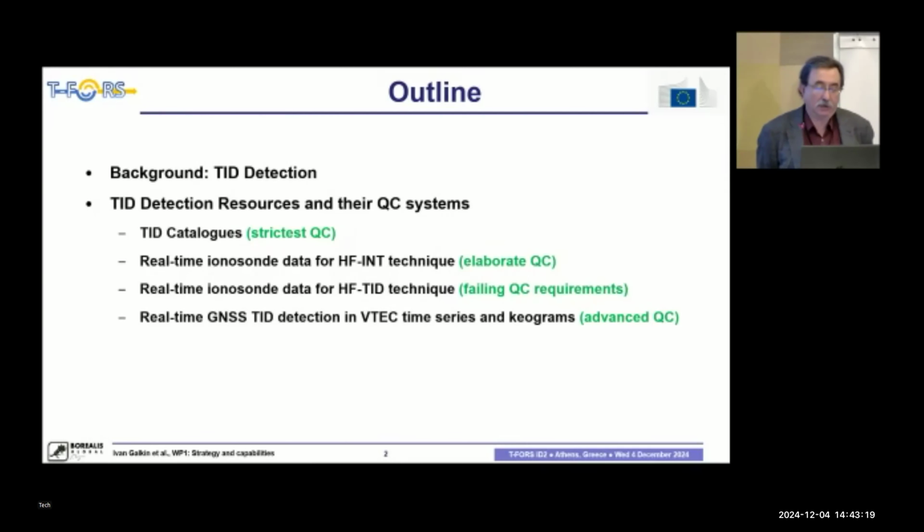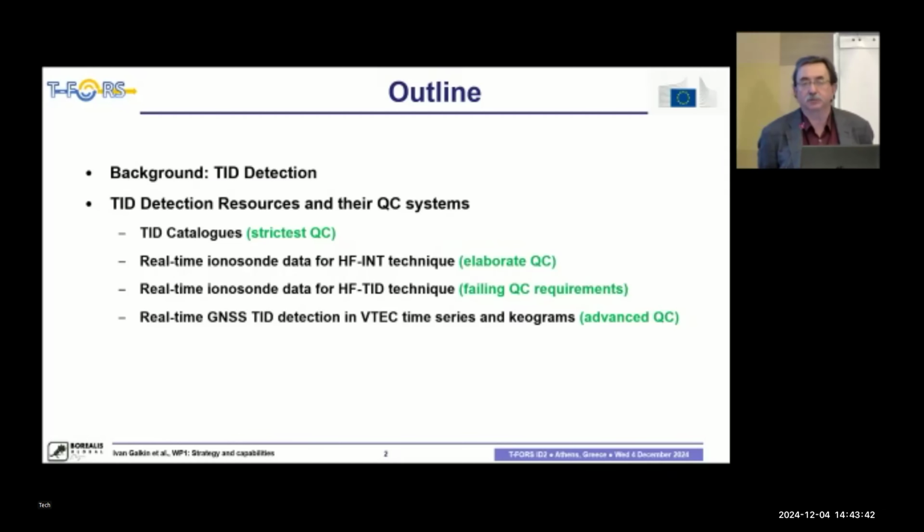The other 3 items are real-time data, which is noisy, as we all know. I would say the HF INT technique has an elaborate system of quality control in place. The HF TID technique did not pass our requirements. We are currently not even considering it for operations until we have a stronger solution.